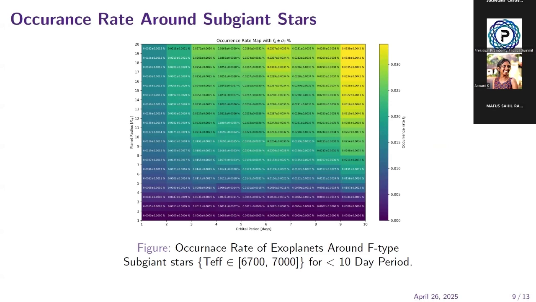Also, if you look very carefully into the data, it varies from 0 to 0.03% occurrence rate. From Kepler, when they did a complete occurrence rate study for the main sequence stars, they found it to be around 0.05%. So the planets that we are finding around subgiant stars are much fewer in number compared to main sequence stars.